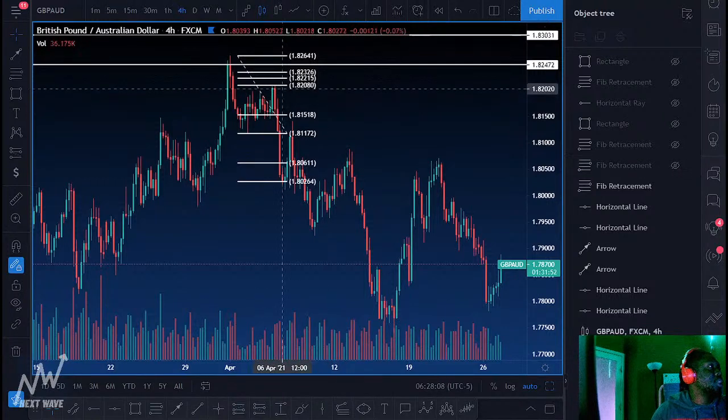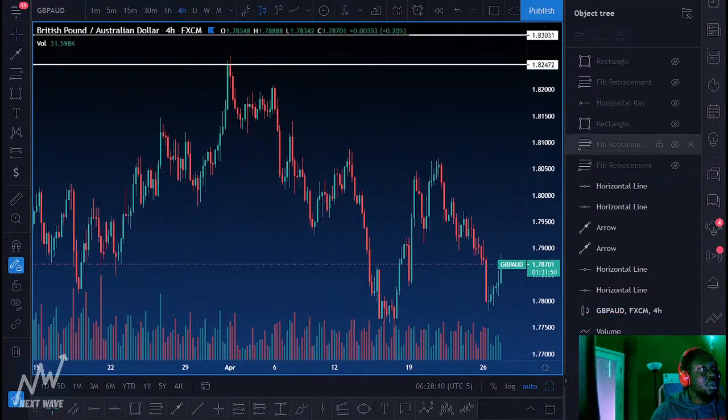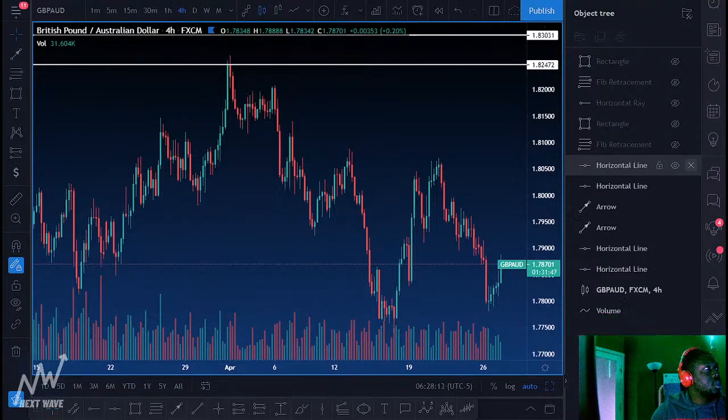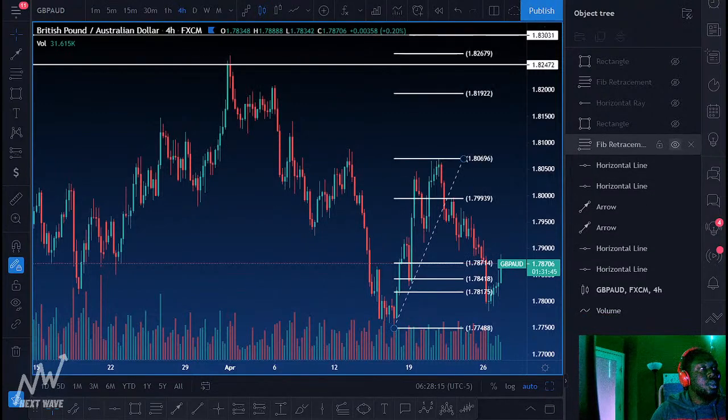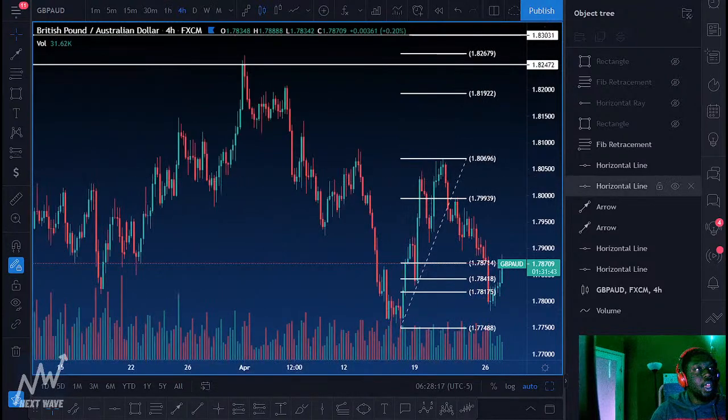What the heck? What was I doing over here? Backtesting maybe? Weird. Alright, I definitely don't have it here, but I'll just draw it.